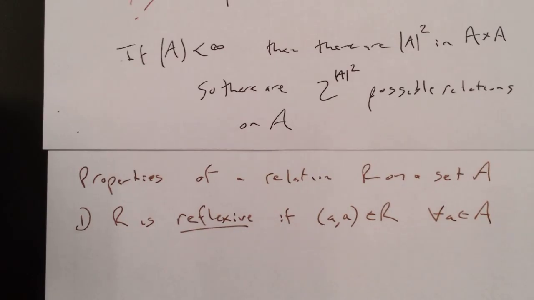A relation is reflexive if A is always related to A for every element in my set. We've seen an example of a relation that is reflexive. What example did I give you that is reflexive? I've given you two of them.